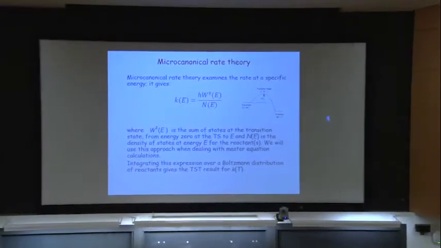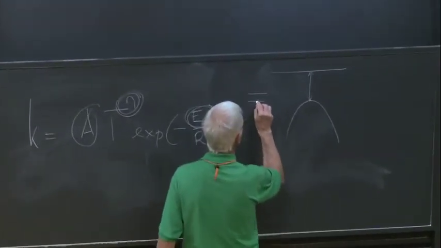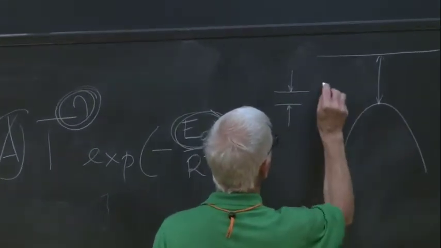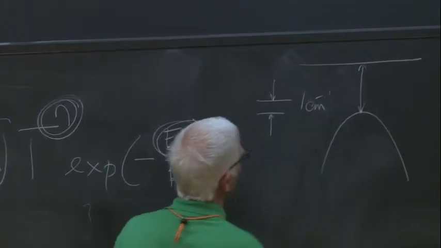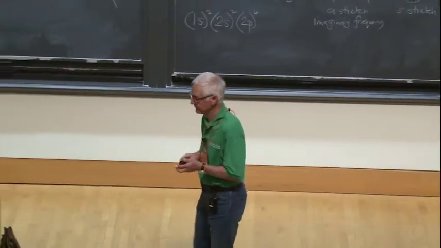If you take a small energy gap of, say, one wave number in thickness, then the density of states is the number of states that occur in that gap. I'll show you an example in a minute, which I hope will help make things clear.